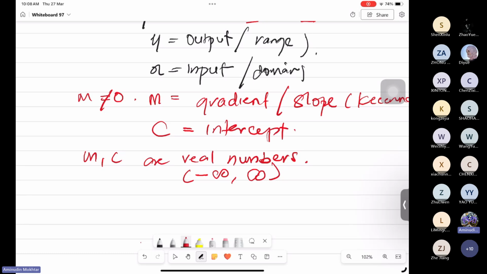We have integers, positive, negative, rational, and irrational numbers. Okay, thank you for your response.